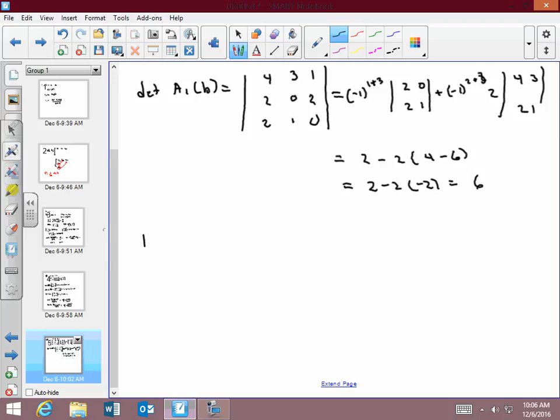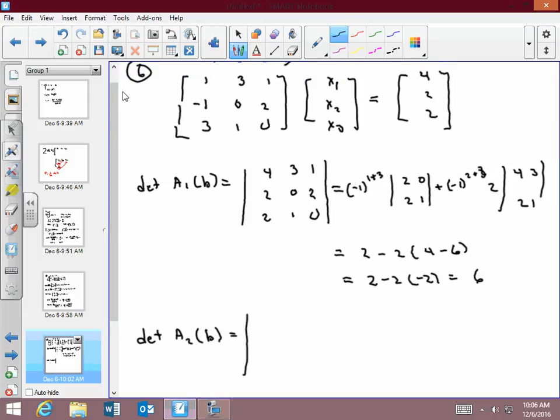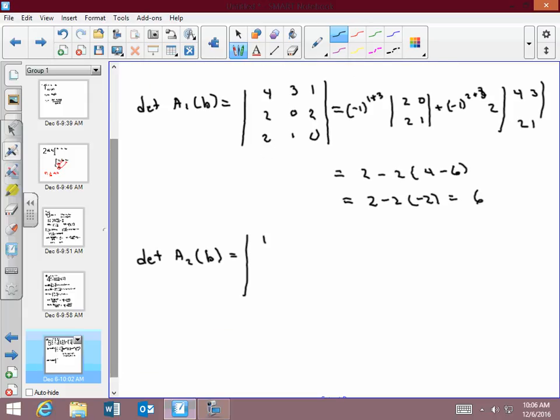Then we're going to do the determinant of A2B. So now it's going to be 1 minus 1, 3. 1 minus 1, 3. And we replace that second column with the 4, 2, 2, and then go 1, 2, 0.